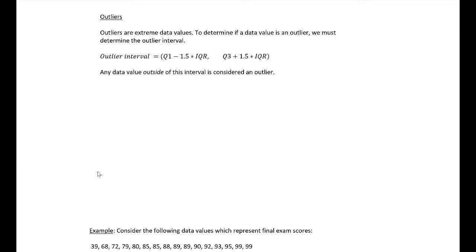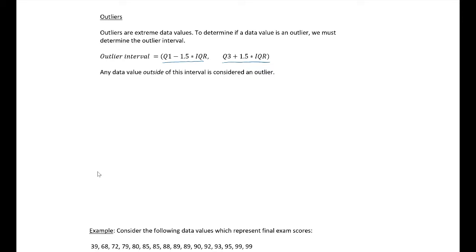Okay, so what this interval is that you're going to have a lower bound and an upper bound within the interval. But the lower bound is found by you take your first quartile and you subtract away 1.5 times your IQR. That's your lower bound. Your upper bound is found by taking the third quartile and adding 1.5 times your IQR.